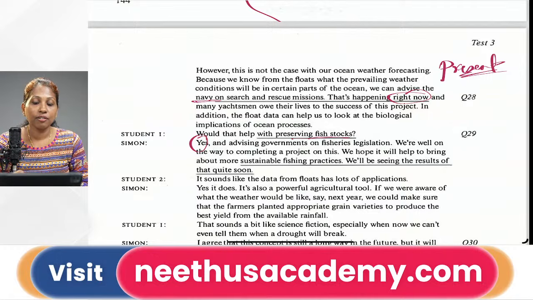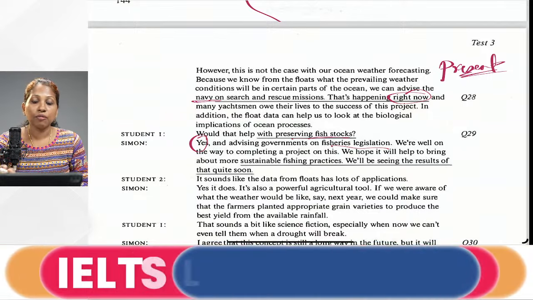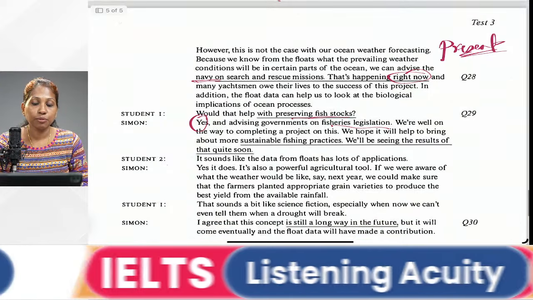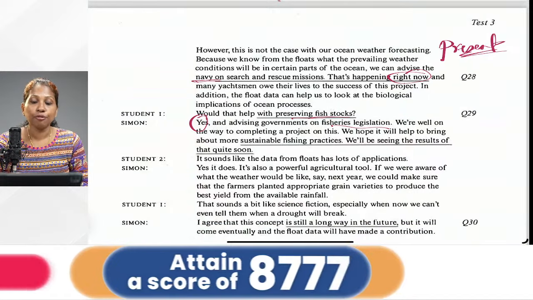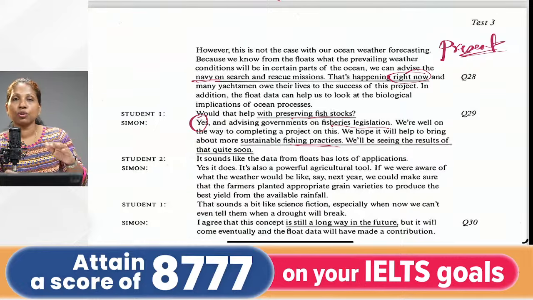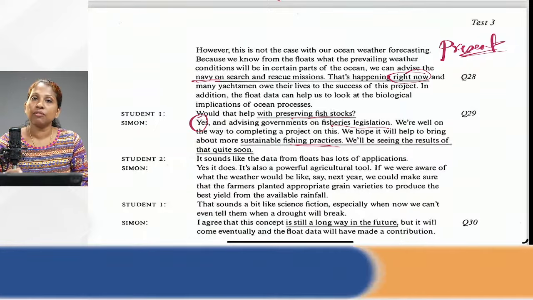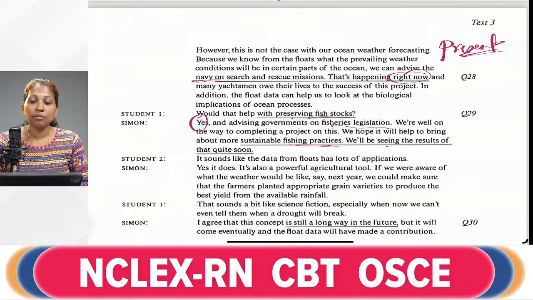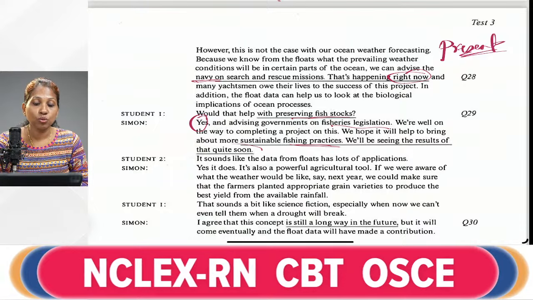And advising governments on fisheries legislation. We are well on the way to completing a project on this. We hope it will help to bring about more sustainable fishing practice. Sustainable means something which will work for a longer period of time, which has a prolonged period. We will be seeing the results of that quite soon.